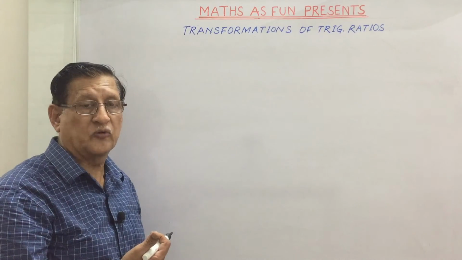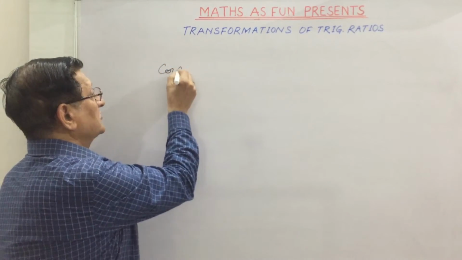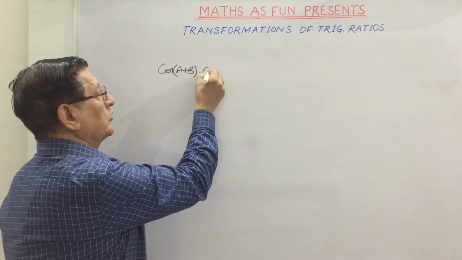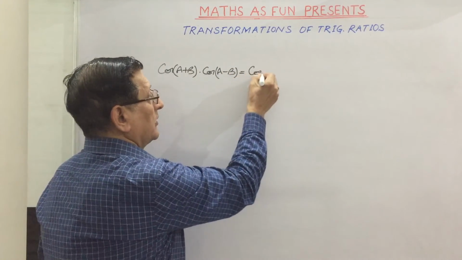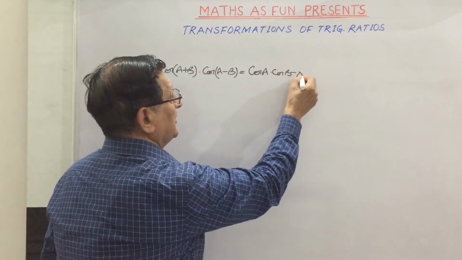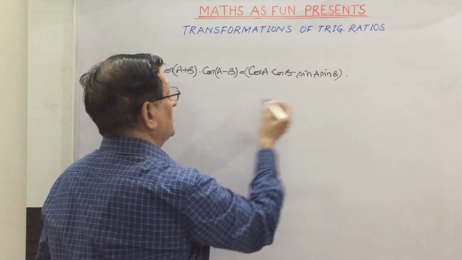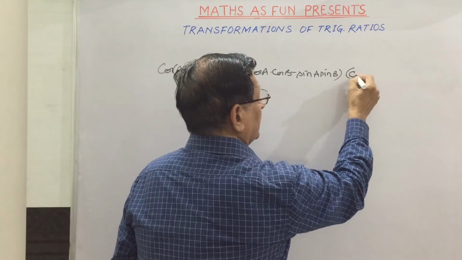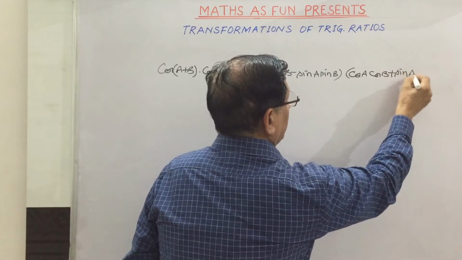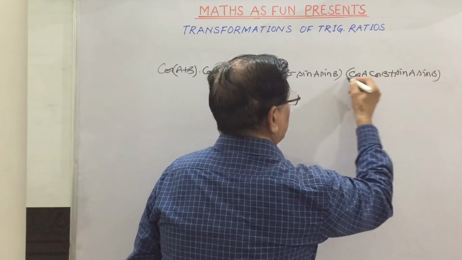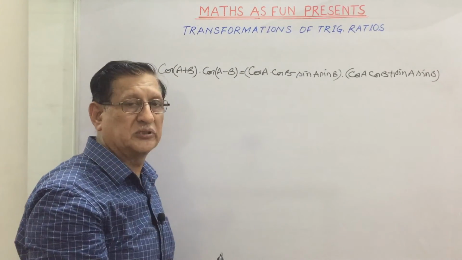To find the product of cos (A plus B) and cos (A minus B), we multiply cos (A plus B) and cos (A minus B). The formula for cos (A plus B) is cos A into cos B minus sine A into sine B, into cos (A minus B), that is cos A into cos B plus sine A into sine B, and we find the product of sum and difference of two numbers.